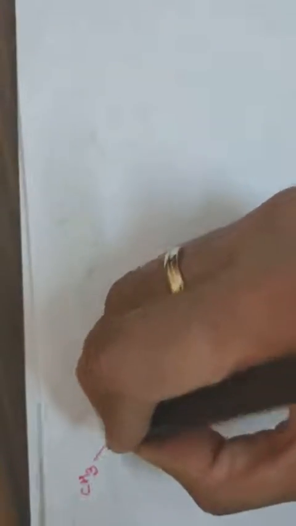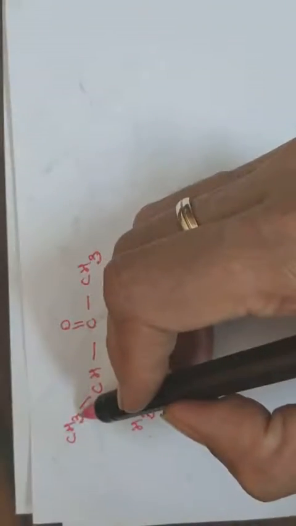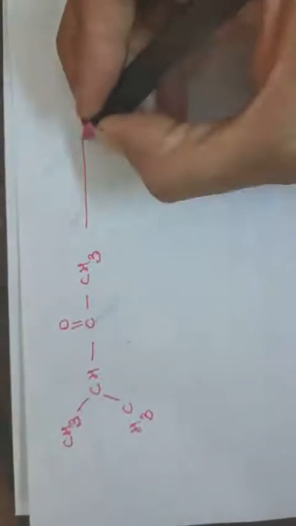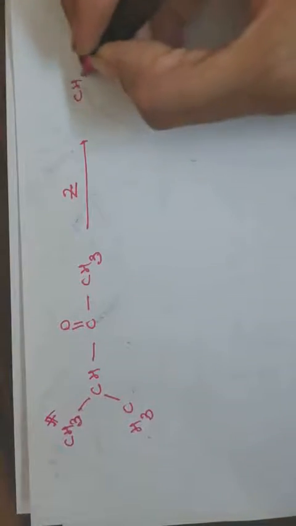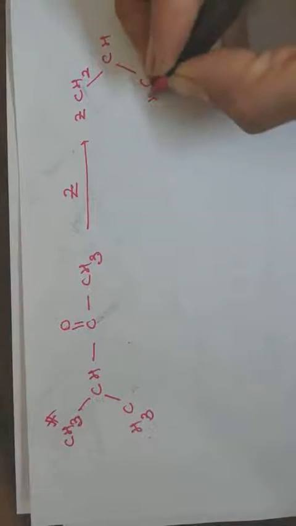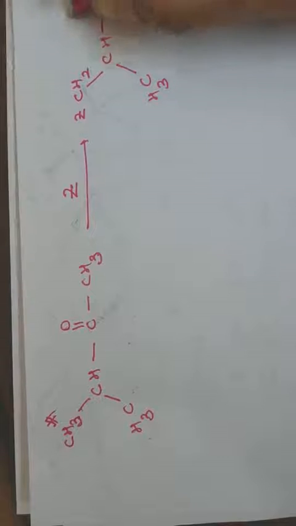Next, I am writing the previous example again. So CH3, CO, CH3. If you replace a hydrogen of this carbon by any group Z, it will become CH2Z, CH, CH3, C double bond O, CH3.